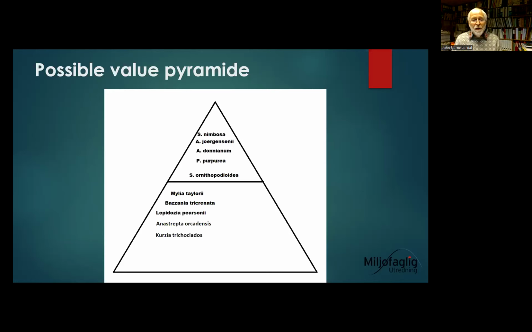And then we have the more sub-oceanic ones, which are more widely distributed, as Mylia taylorii, Bazzania tricrenata, Lepidozia pearsonii, Anastrepta orcadensis, and Cursia tricocladus. But if we find some of those in the top, we can conclude that this is oceanic heath.